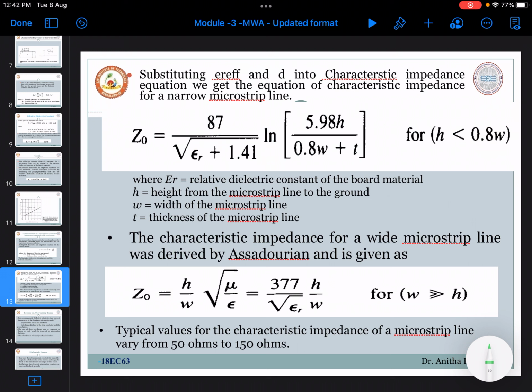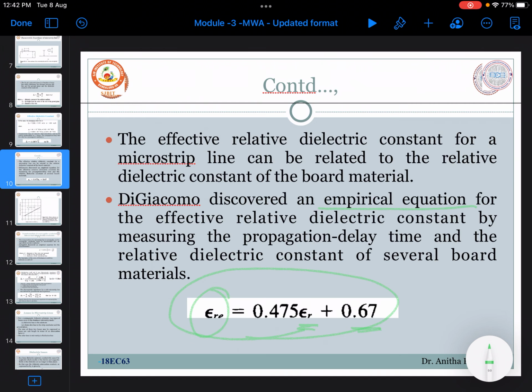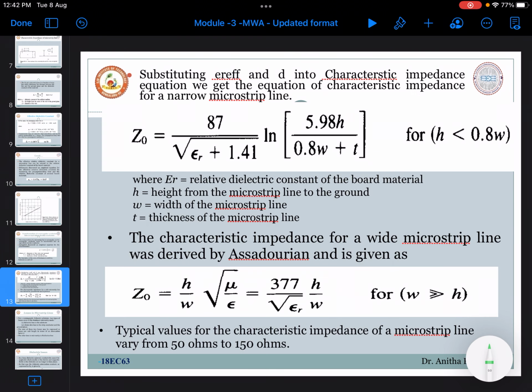After knowing the D value or the T and H values, you can make use of the epsilon r effective value, which we derived earlier in this equation, to evaluate Z0. Z0 majorly depends upon the H by W ratio. If H is less than 0.8 W, then use this formula for Z0 evaluation.